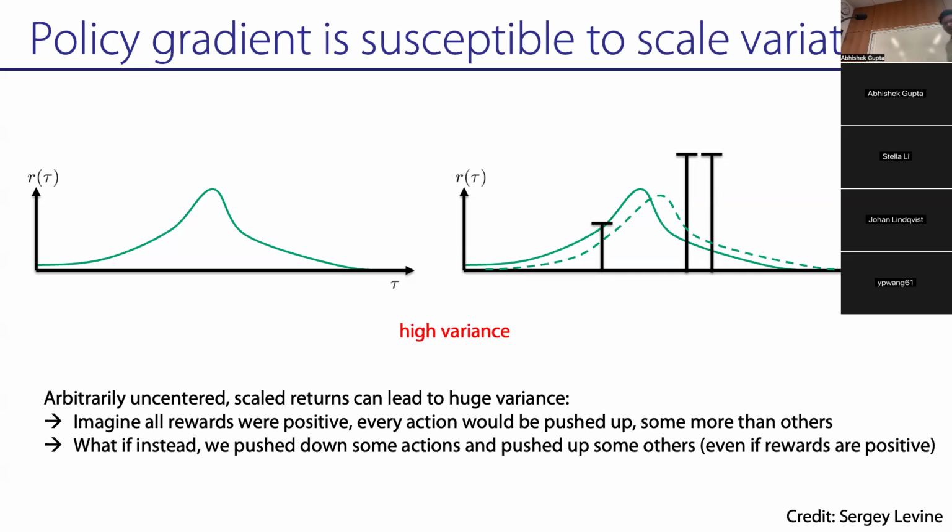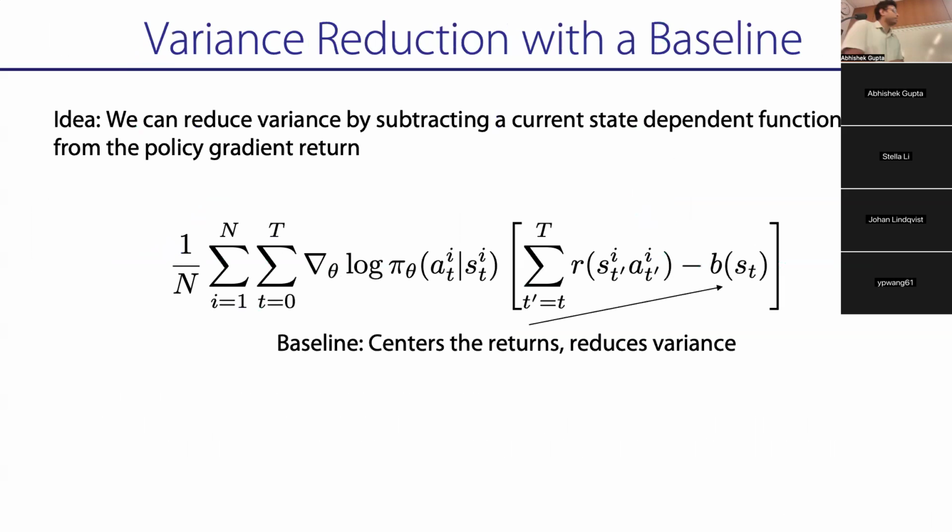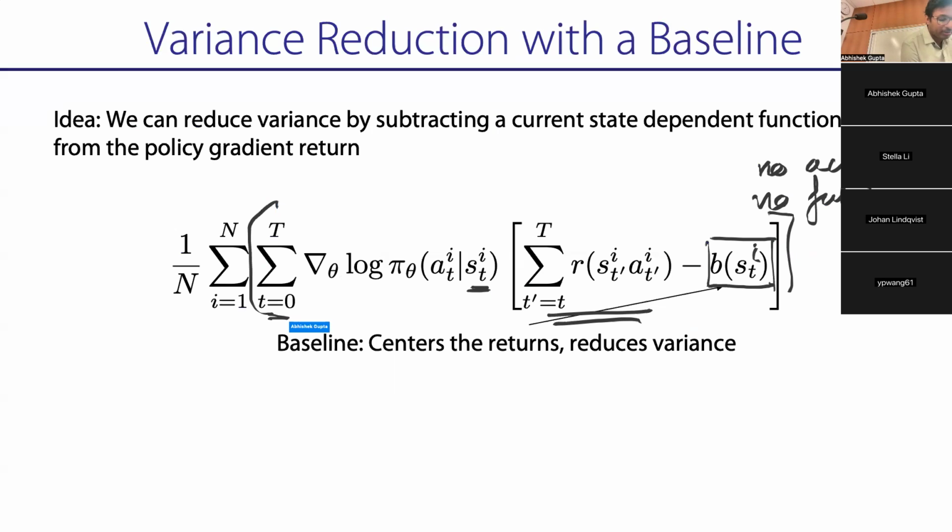Yeah. So okay. So we're going to subtract this term B of S_t from our sum of rewards. Notice that there's no action dependence and no future state dependence. It only depends on the current state, right? So you're going to say for every time step, I'm going to take grad log pi, multiplied by sum of rewards, and subtract a function that only depends on the current state.